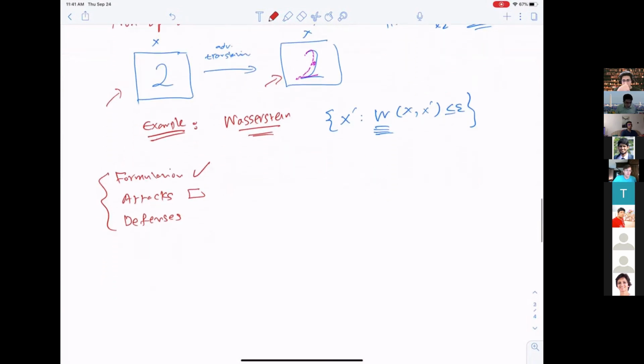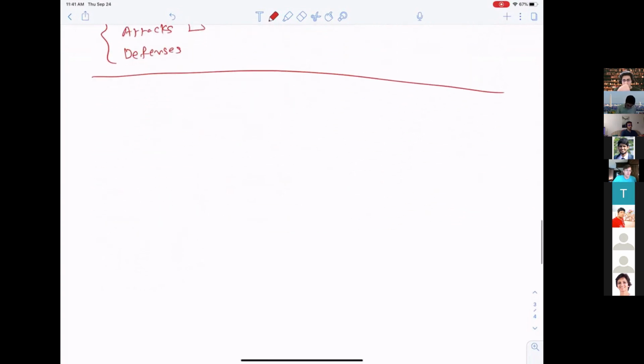All right, so let's talk about the attack problem. What is the goal in the attack problem?